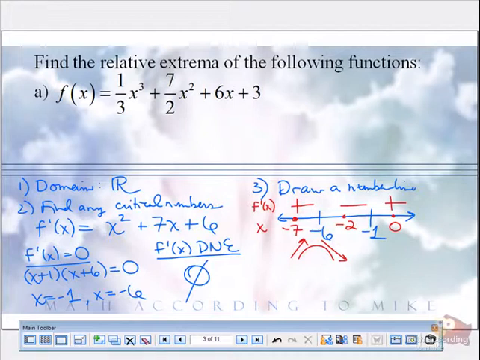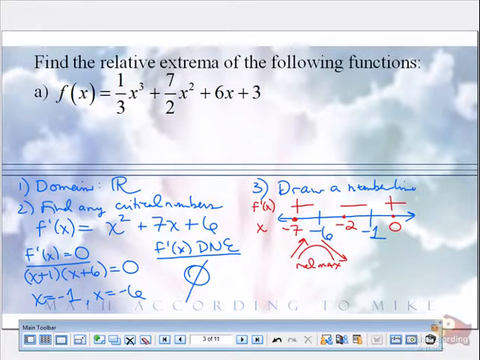So you have to check 2 things. There's a sign change, in this case positive, negative, and it's in the domain. If those 2 are true, then we have ourselves a relative max. Now, a relative maximum is a point. So we need an x and a y coordinate. We know the x coordinate is -6.